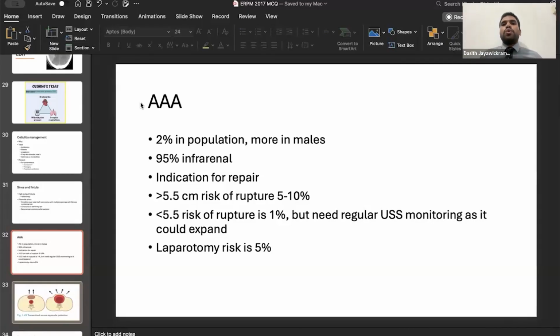So to treat a 1% risk, we are taking a risk of 5% mortality by laparotomy. Because of that, we don't repair the aortic aneurysm. We repair aortic aneurysm only above 5.5 centimeters AP diameter.